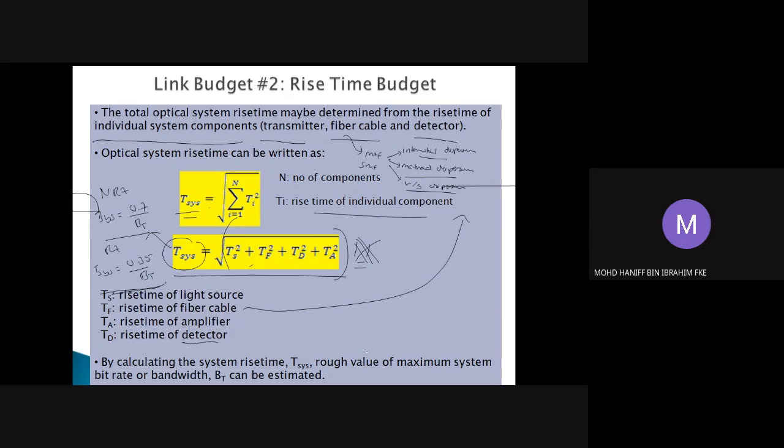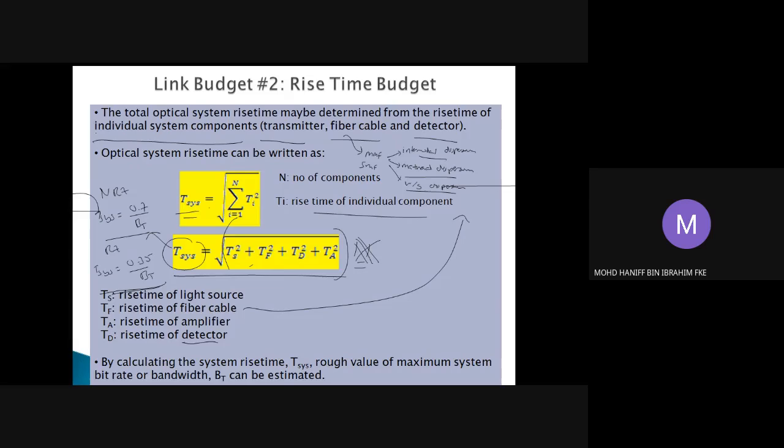So that's the basic idea of how we can use the rise time budget or the bandwidth budget in our optical system. Basically, it's more towards designing, to check whether the system that we design fulfills the bandwidth requirement. That should be the main purpose of the rise time budget or bandwidth budget analysis.